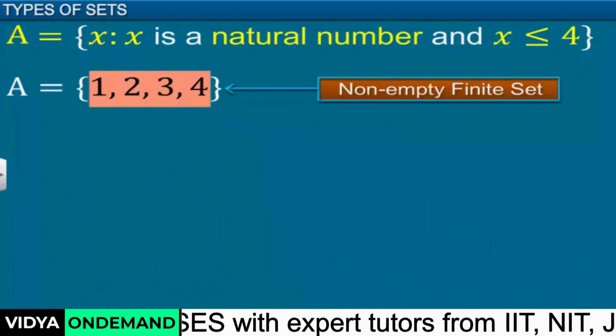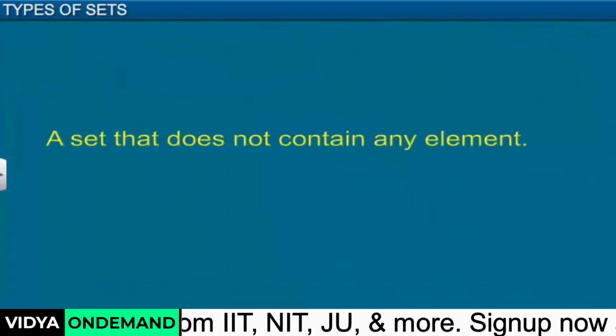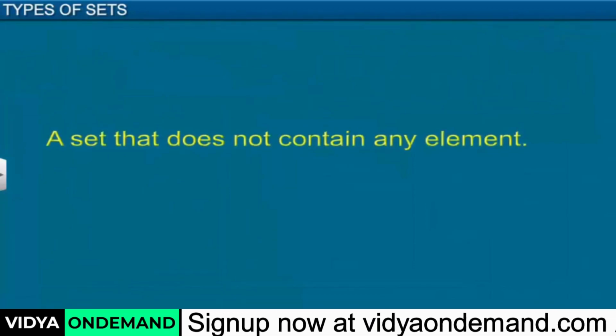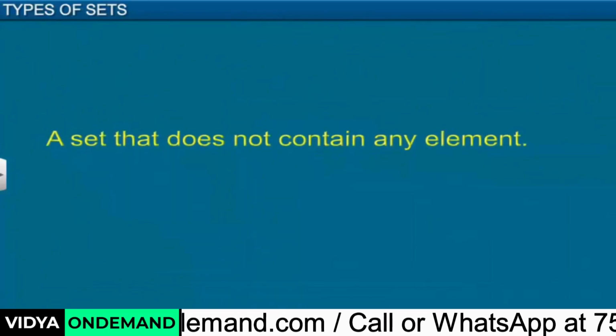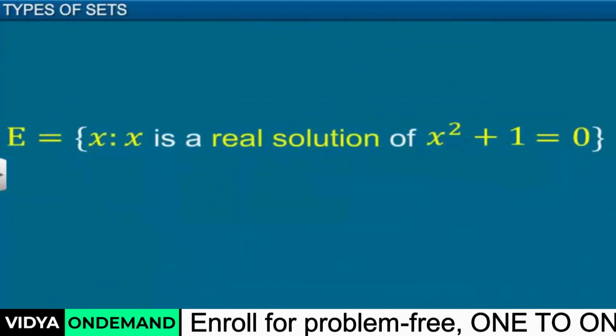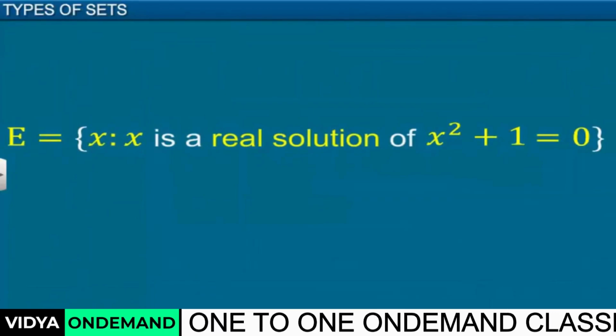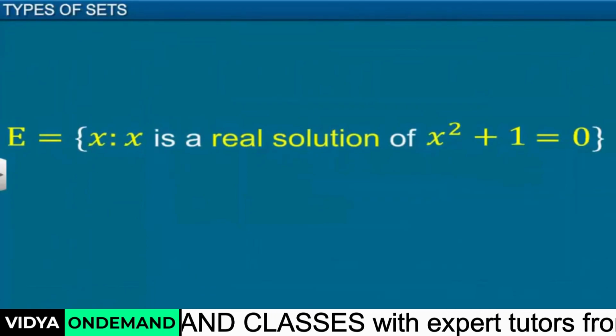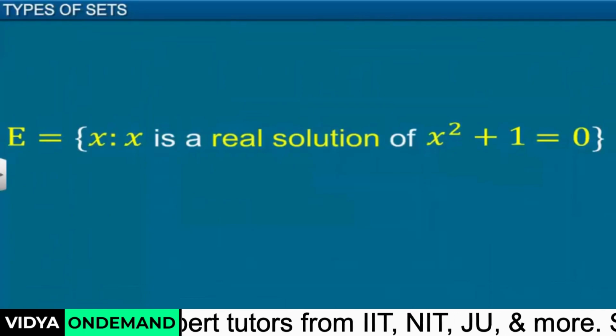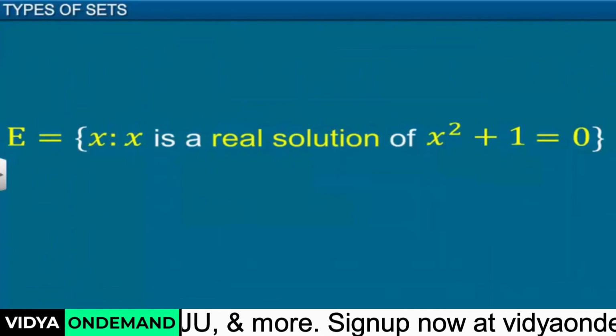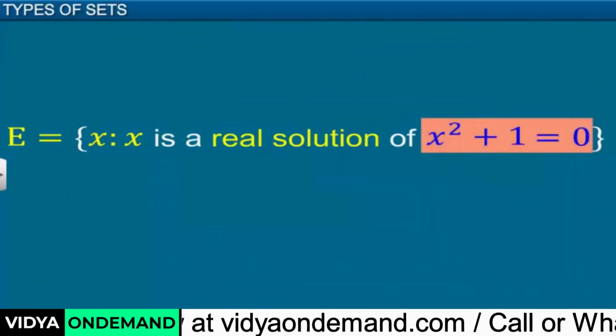Next, let's consider a case in which a set doesn't contain any elements at all. For example, let's consider the set as shown. This set consists of elements that are real roots of the equation x squared plus 1 is equal to 0.